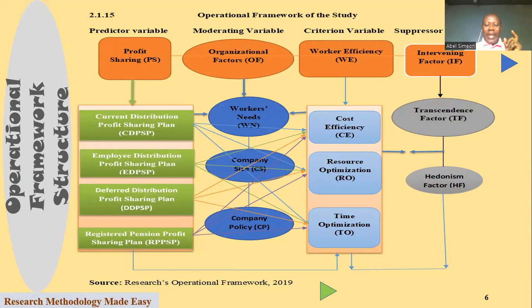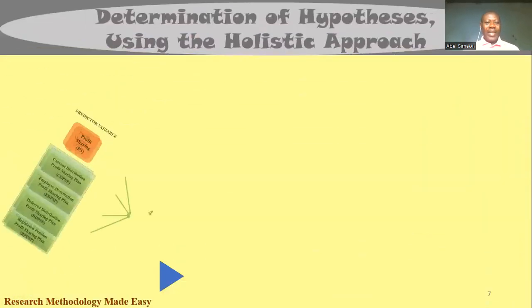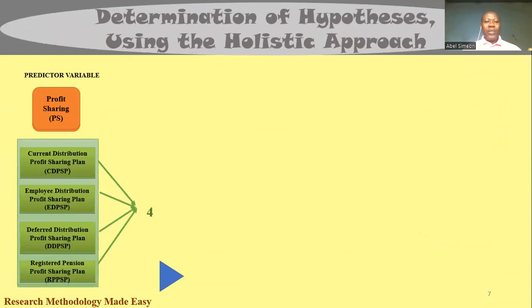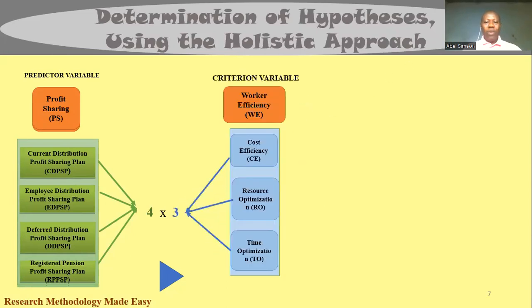And so the mathematical formula is, first you bring in the predictor variable dimensions. In this case, it is 4. This 4 will be multiplied by the number of measures, 4 times 3.